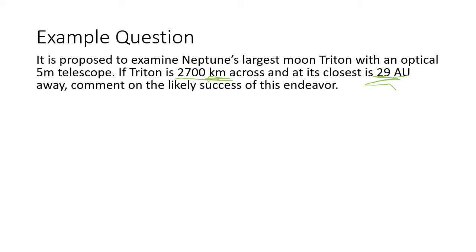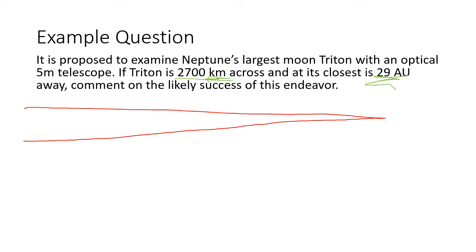So, there's Triton, there's its distance away, 29 AU, and we know this is 2700 kilometers. Kilometers. Come on, Dr. Cook.